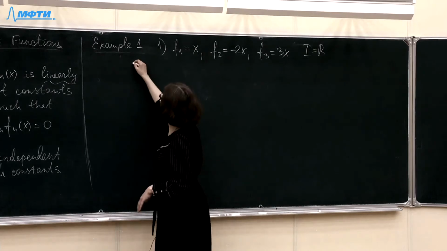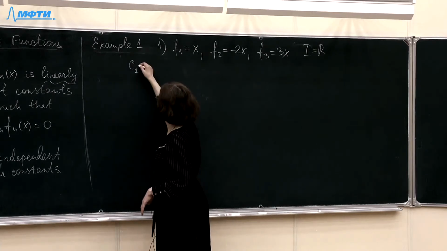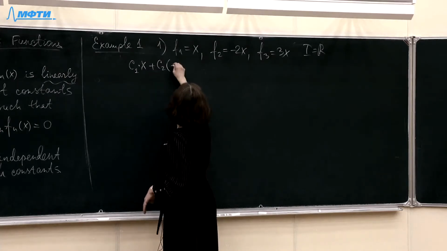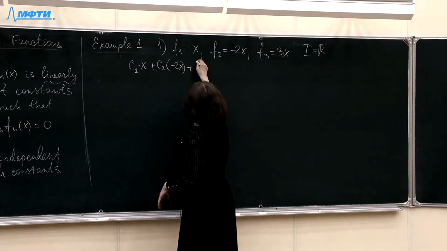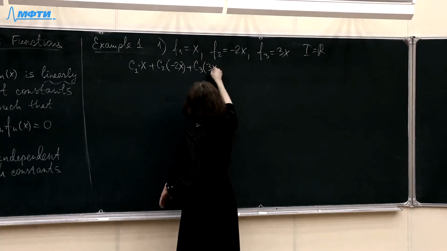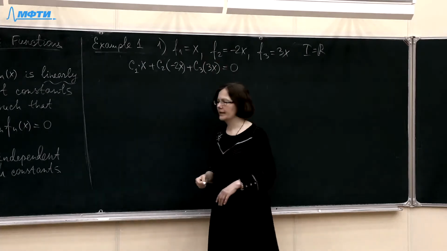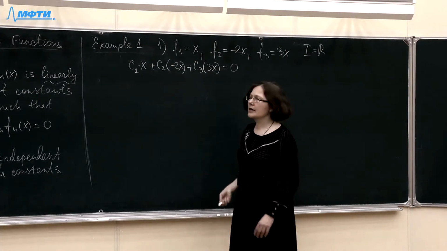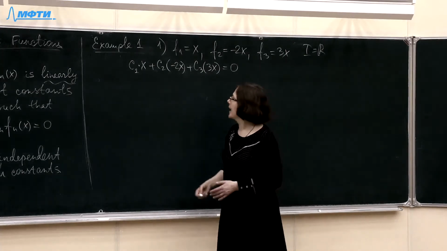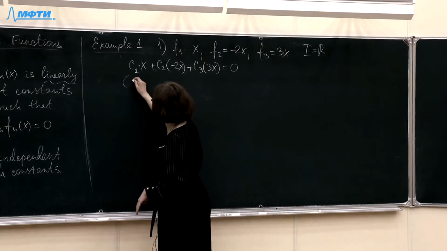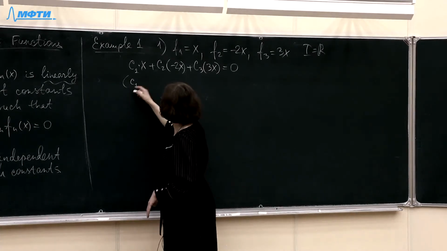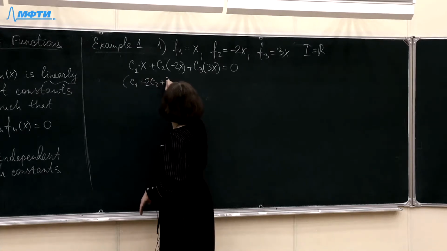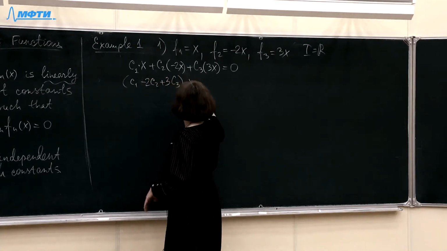So we are looking for constants such that C1 times x plus C2 times minus 2x plus C3 times 3x equals 0 for any real x. If we expand and regroup this, we will get the following equation: C1 minus 2C2 plus 3C3, times x, equals 0.